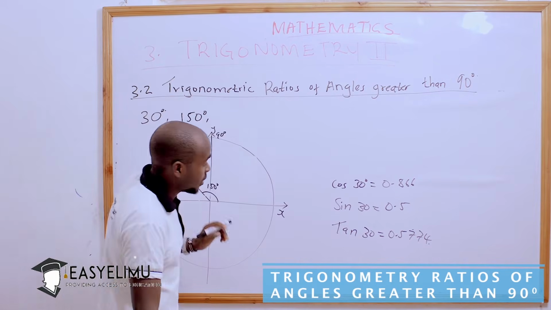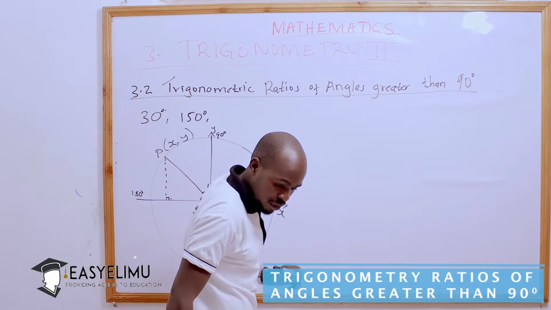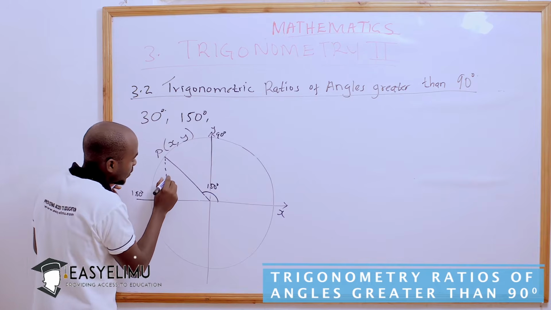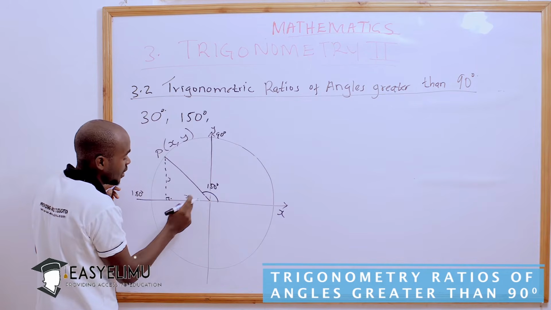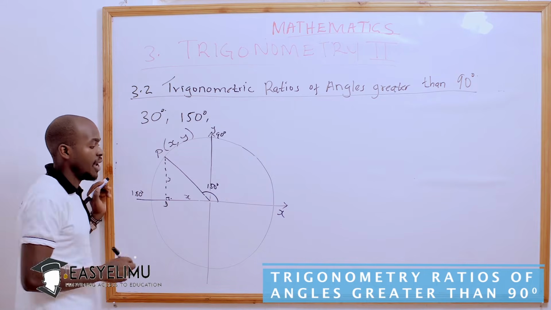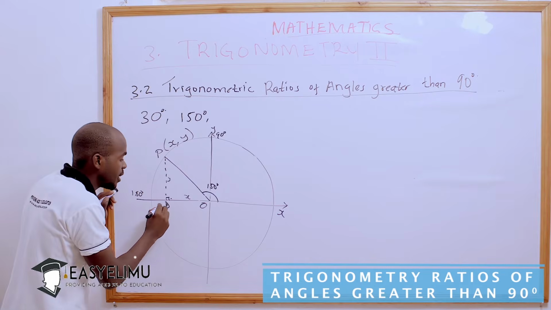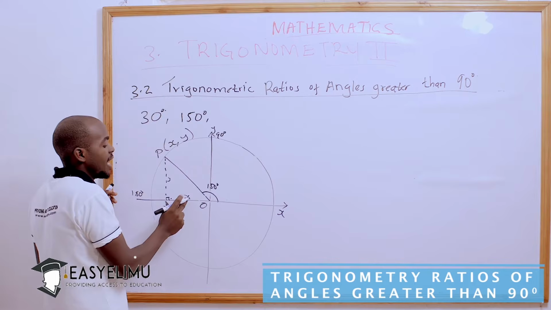So to find the angle, for example, we need the y-coordinate. The y-coordinate is this coordinate here, and the x-coordinate will be the distance from the center O to the point, let's say D. So we shall be finding that our OD, which is the x-coordinate.